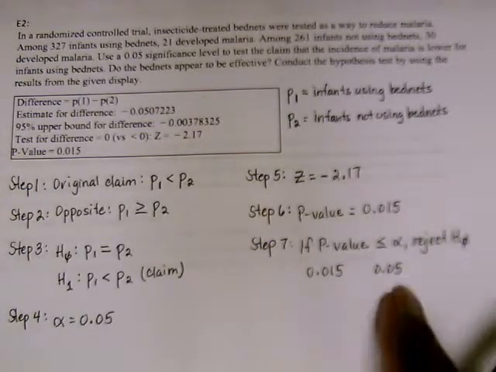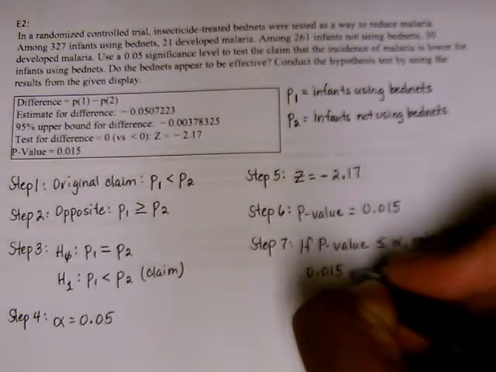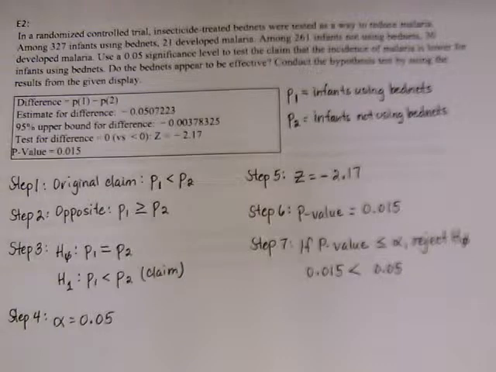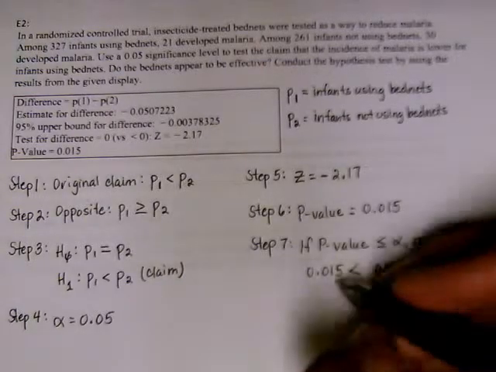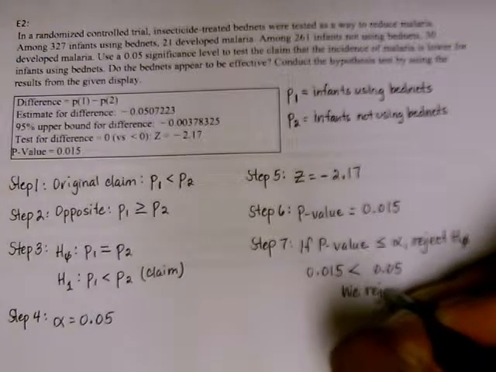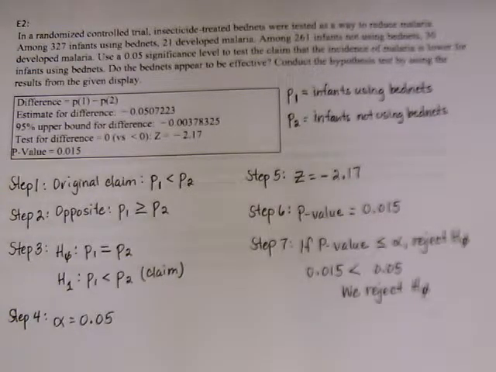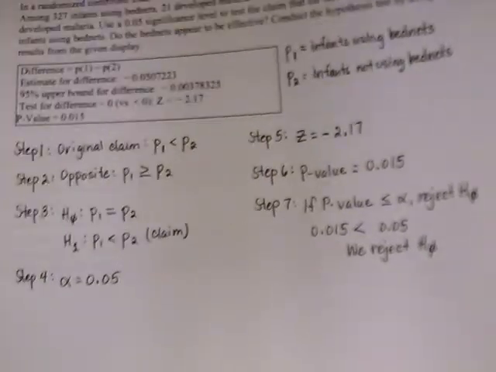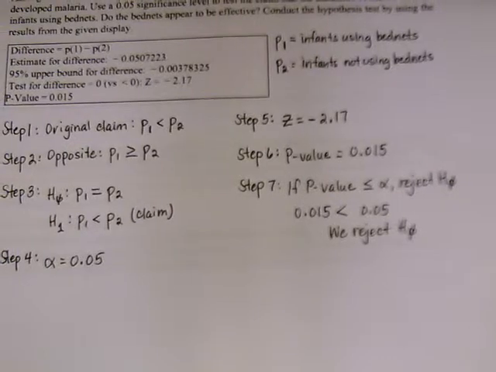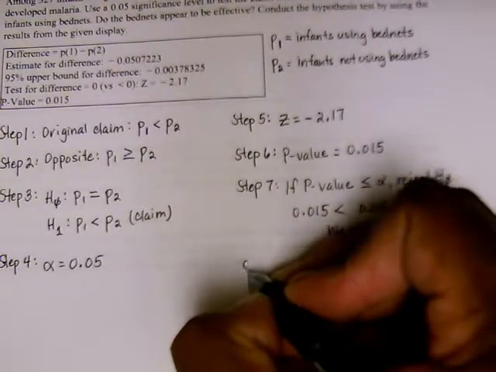Now, if you compare those two values here, 0.015 is less than 0.05. So that does satisfy the decision rule. So here we can reject the null hypothesis.